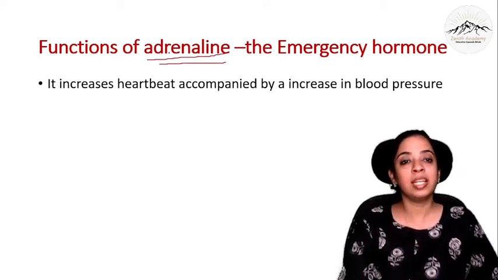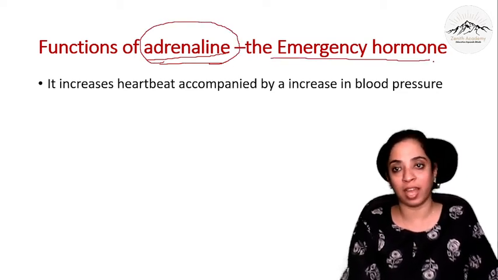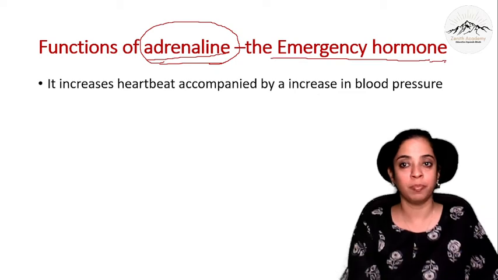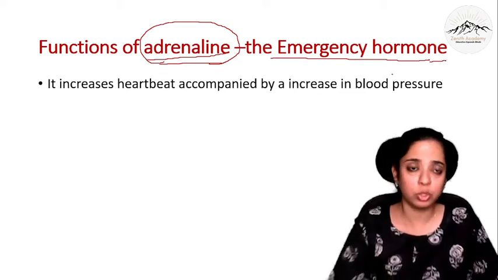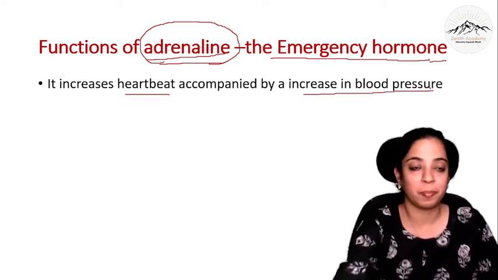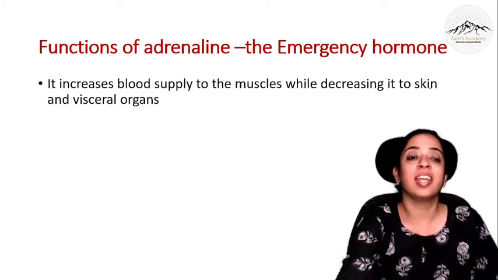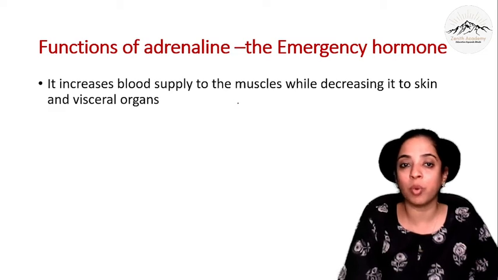So adrenaline is also termed as an emergency hormone. You all know now why it is known as emergency hormone, right? I had already shown you the picture. So first is it increases the heartbeat accompanied by increase in blood pressure. Next is it increases blood supply to the muscles because muscles will require more energy now.